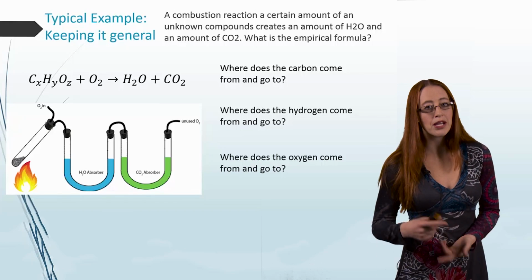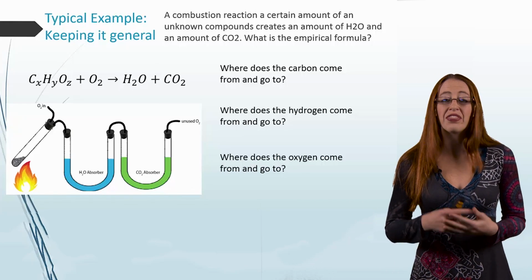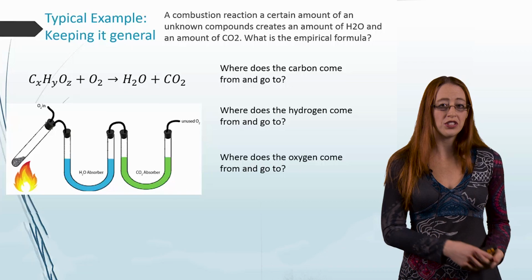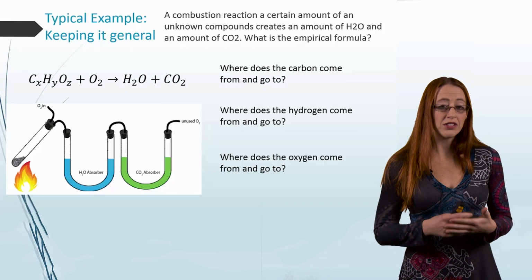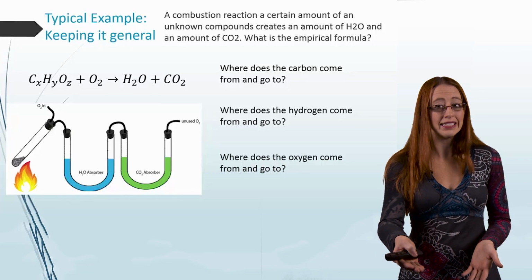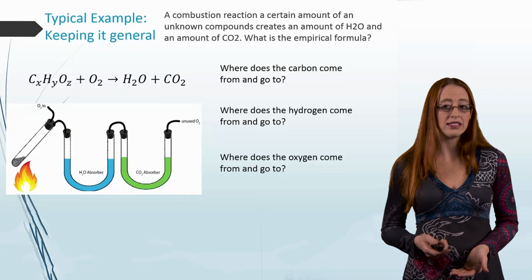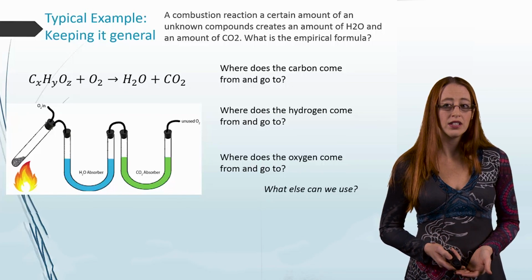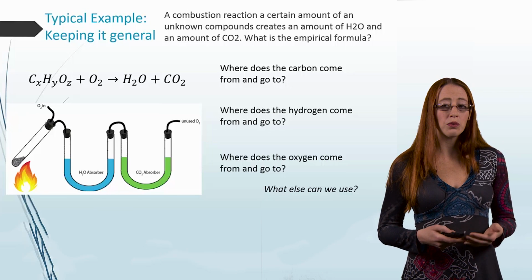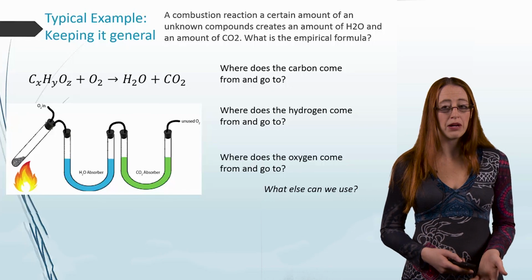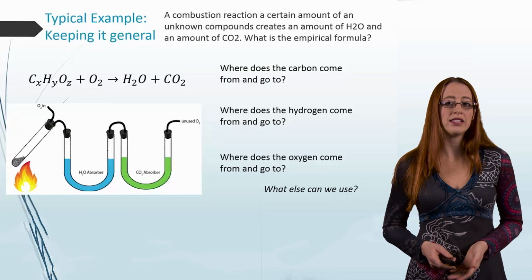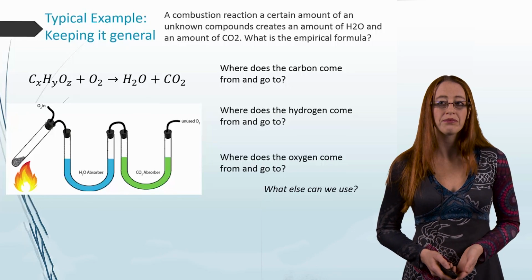But notice, if we measure our water and our carbon dioxide, that doesn't tell us how many oxygens are in the hydrocarbon. It tells us how many oxygens are in the hydrocarbon and in the oxygen that we use to burn it. And so we're not going to be able to do that the exact same way. We're going to be able to use the total amount to solve for this, and we'll do that in the example. That one's a little bit more complicated.